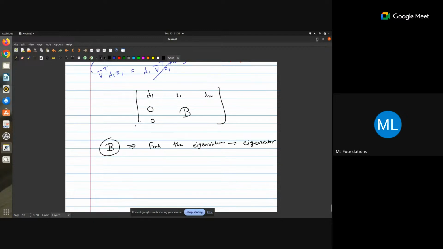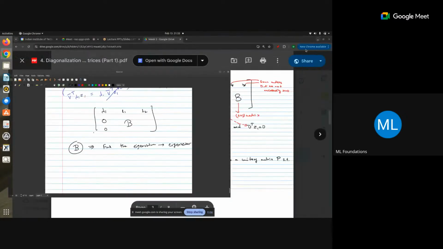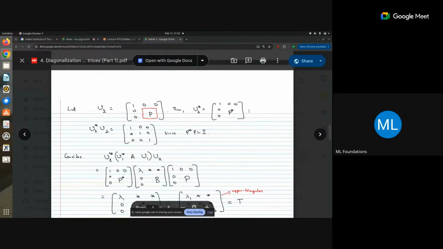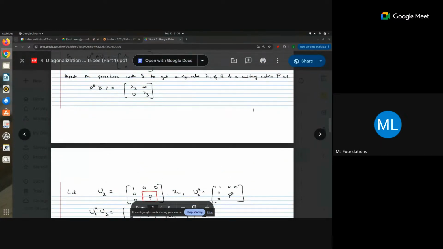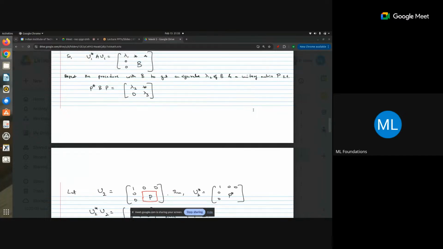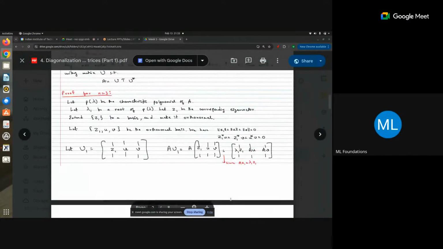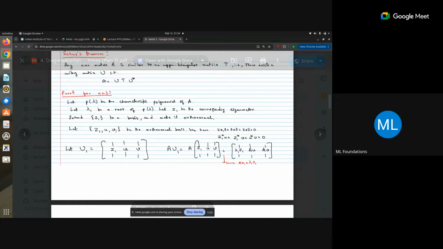We have to find its orthogonal or orthonormal basis. I'll tell you how to find it, but initially we said z1 will be its eigenvector and u and v will be some orthogonal basis.